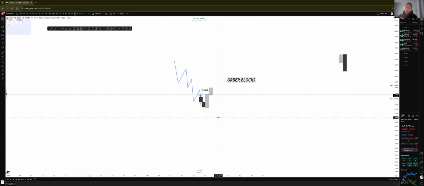Now, what qualifies something to be a supply or demand is that it has to have broken a structure. Meaning, if there's a supply here, if this order block pattern was this, what makes this an actual supply for me to take a sell from is the simple fact that it led to a break of structure.